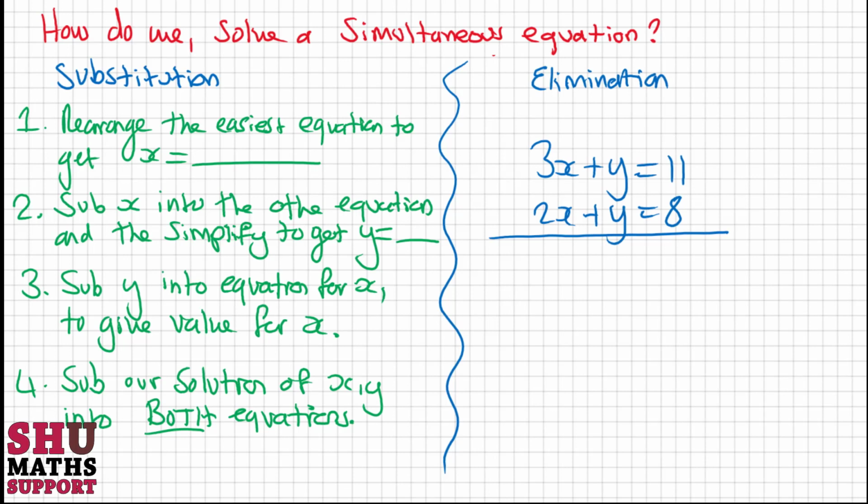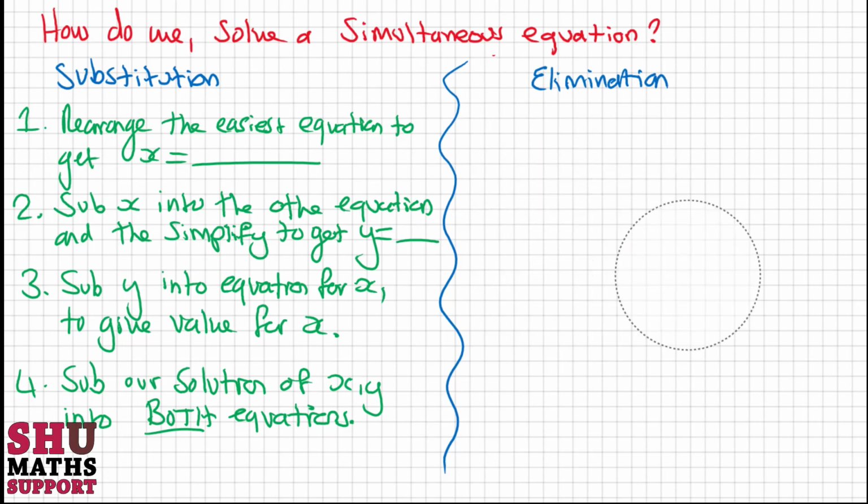Well, we can eliminate y by subtracting the second equation from the first one. So we get 3x minus 2x is equal to x, and y minus y is equal to 0. So that's y eliminated, which is equal to 11 minus 8, which is 3. Then this gives us the solution that x is equal to 3. Then we can target the x variables and get the solution for y.